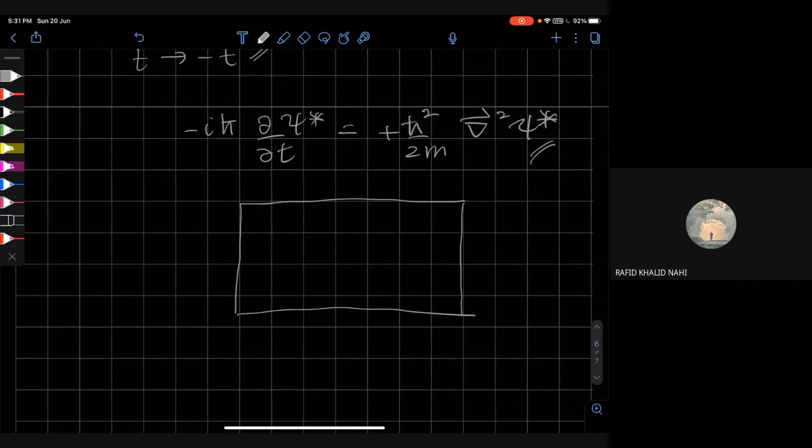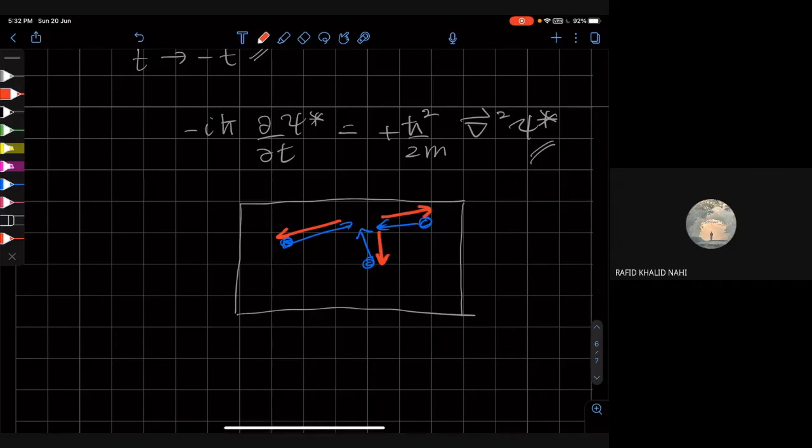And what this means is that if I look at a microscopic system, say 3 particles interacting, and somehow I take a movie of it, with time going in some way, and now I turn the movie backwards, then these particles will go backward in time.